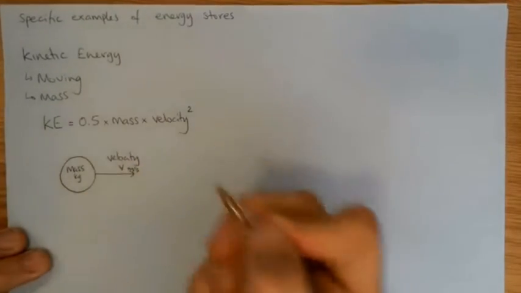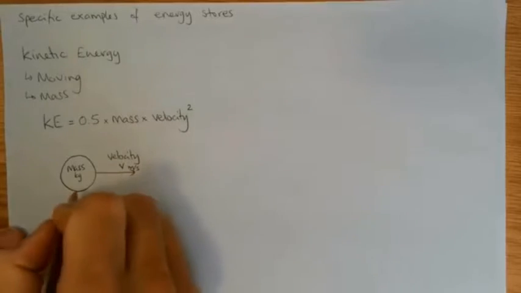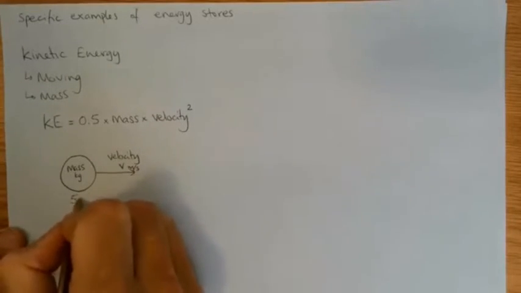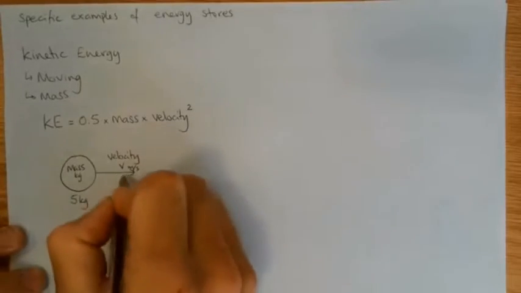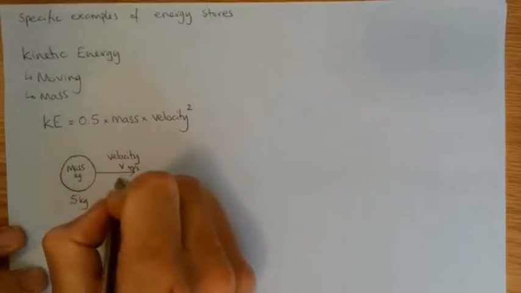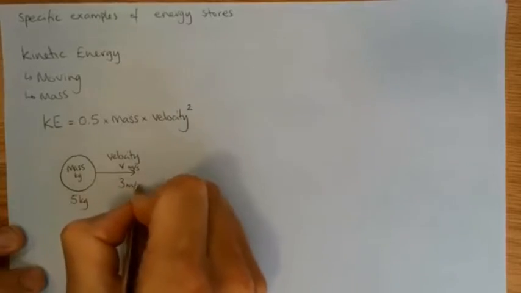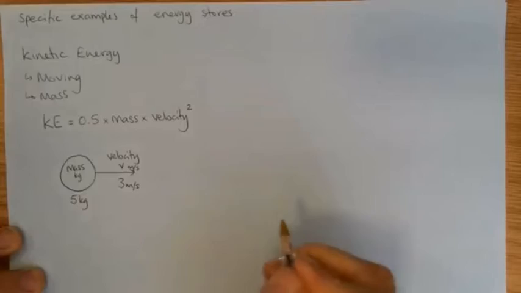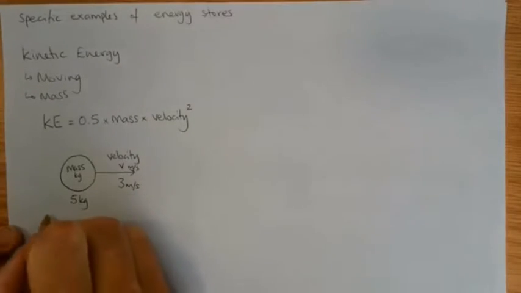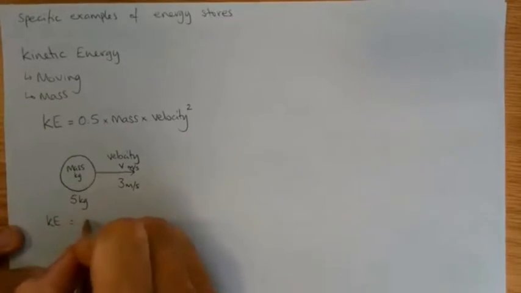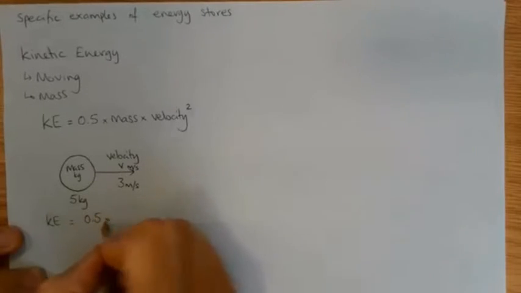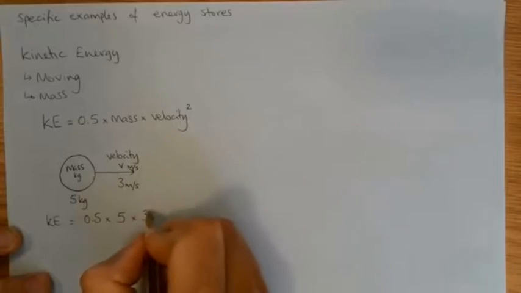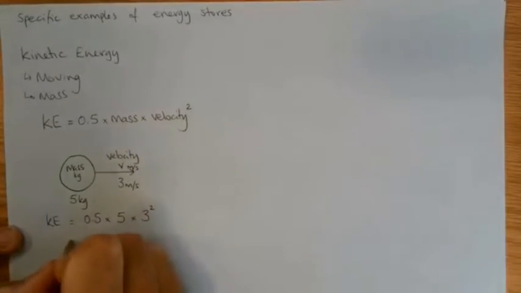meters per second. So if I know what the mass is, let's say it is 5 kilograms, and I know what the velocity v is, let's say 3 meters per second, I can simply put that into the equation to calculate what the energy store is. So the kinetic energy store here would be 0.5 multiplied by 5 multiplied by 3 squared.